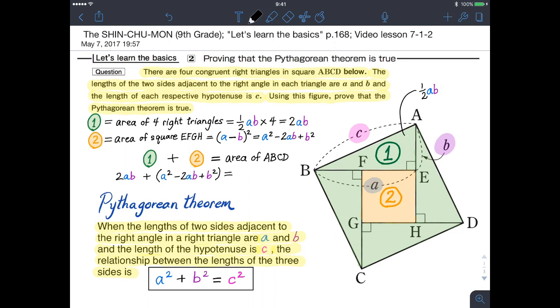And since the area of square ABCD is C squared, we can write that here. Simplifying, we get A squared plus B squared equals C squared. And since this matches the expression for the Pythagorean theorem, we have proven the theorem.